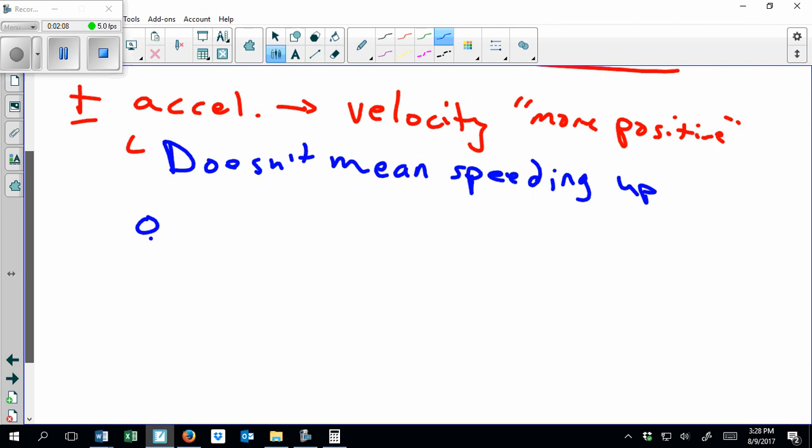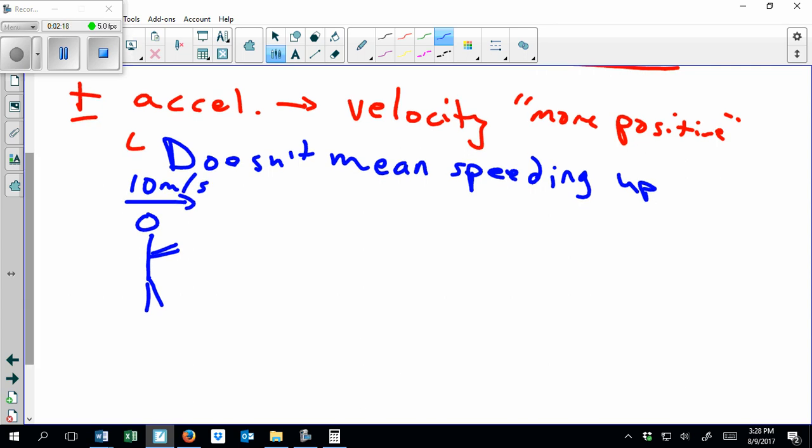So let's say you're a person right here, and you're walking with some velocity, let's say it's 10 meters per second, and we'll say you're going in the negative direction here. And let's say that we had an acceleration that was in the positive direction. Because I made to the right negative, if I want a positive acceleration, that's in the opposite direction.